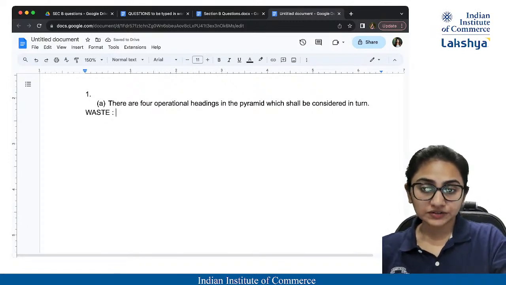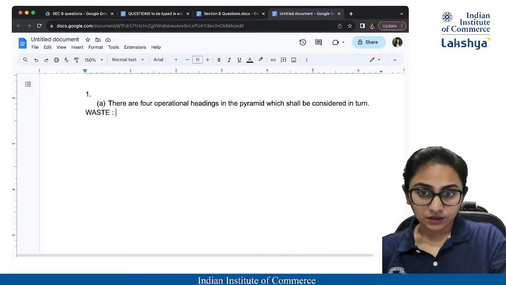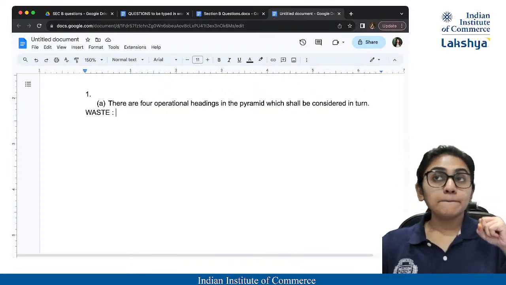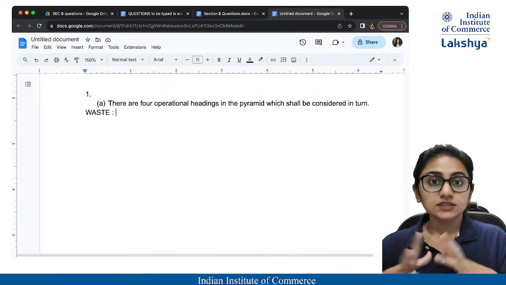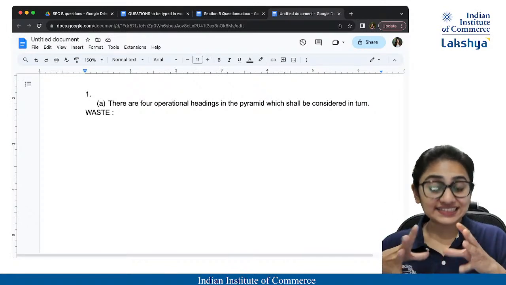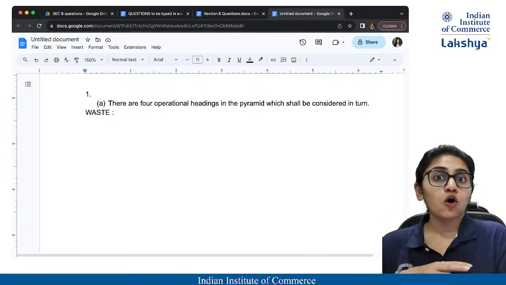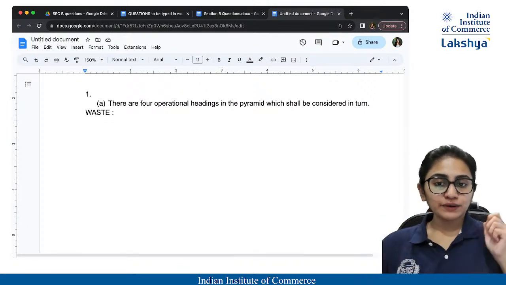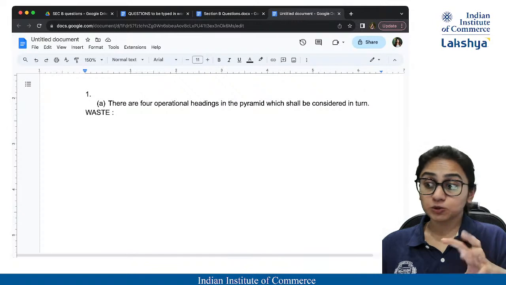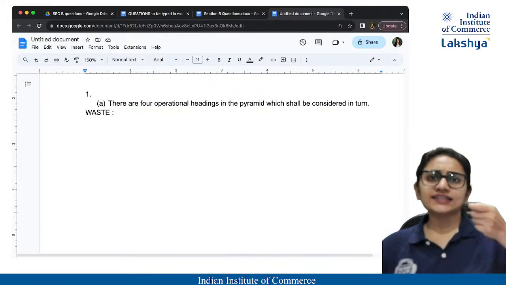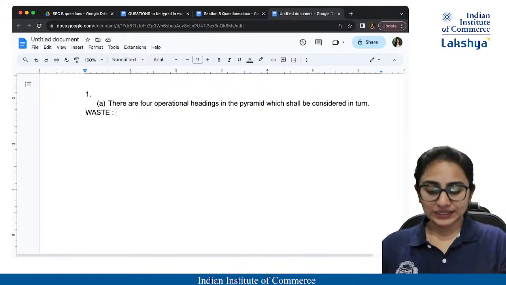So what can we write about waste? The more the waste, that means you're wasting a lot of things and utilizing very little. And the lesser the waste, that means you're utilizing optimal resources. So if my wastage is minimum, that means I'm utilizing it to the core, and only a very little part is being wasted.